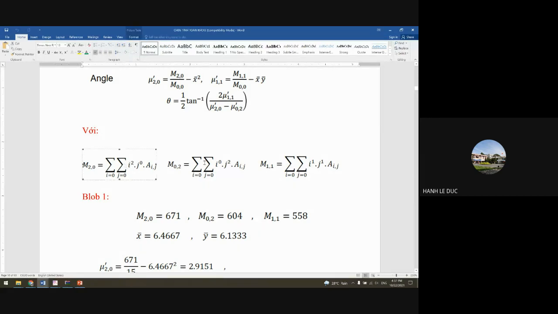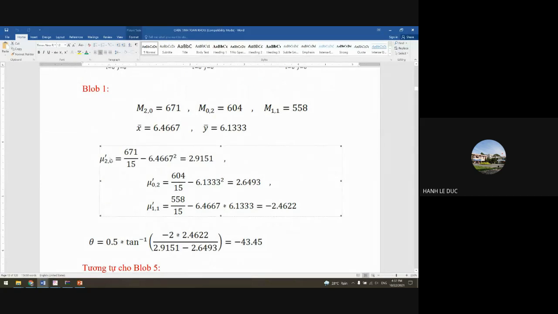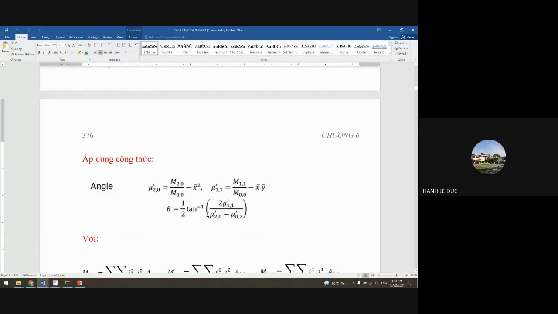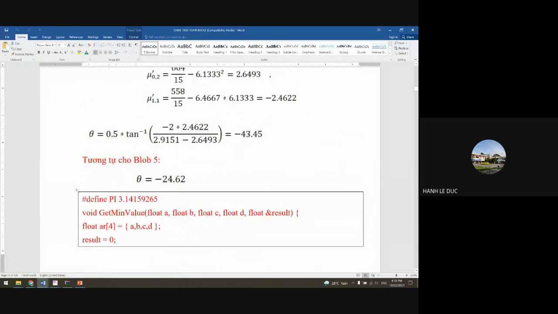After this step, you have this number, and then you calculate u20, u11, and replace these values into the equations here. Then you have the result here.